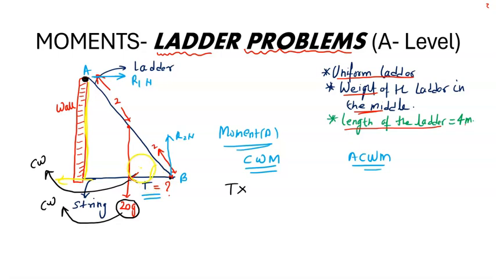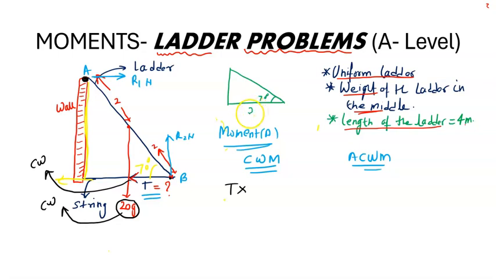This angle is given here as 70 degrees, yeah? So we can find it using SOHCAHTOA. This is a triangle, right? And this is 70 degrees. We need to find the perpendicular distance here.